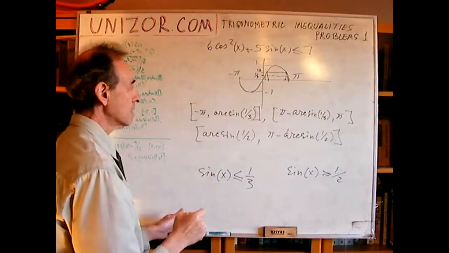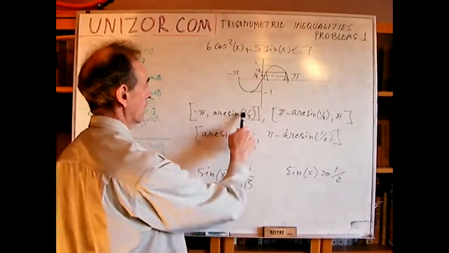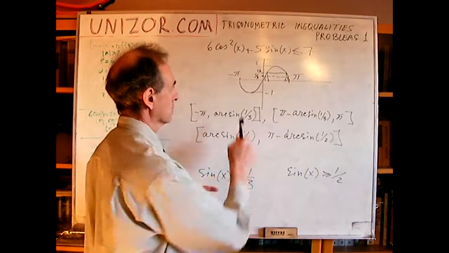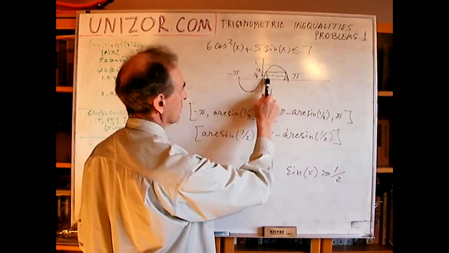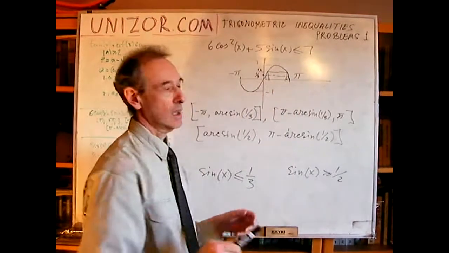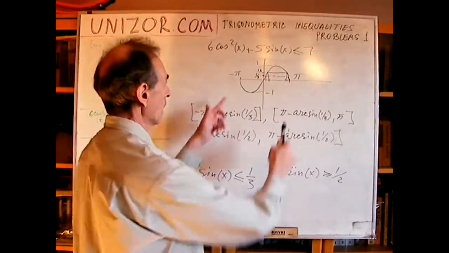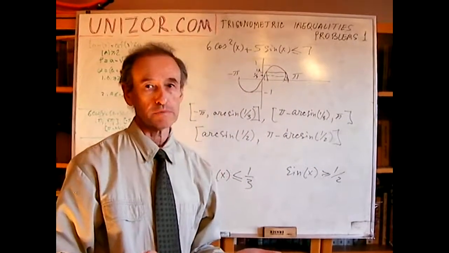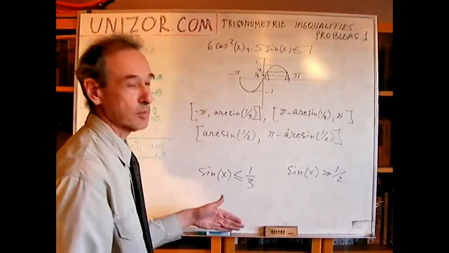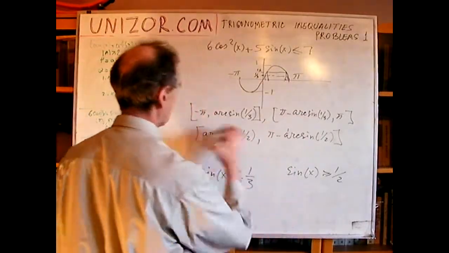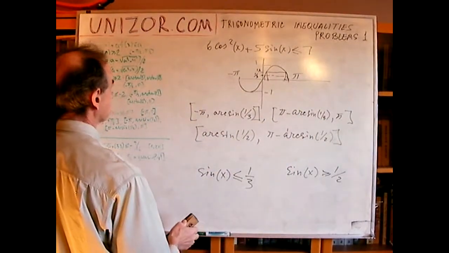So these three intervals, this one, and then the middle one, and the small one, represent the solution on the interval of periodicity from minus pi to pi. So to get the complete solution, you have to add 2 pi n to both ends of each one of them. Well, that's it.